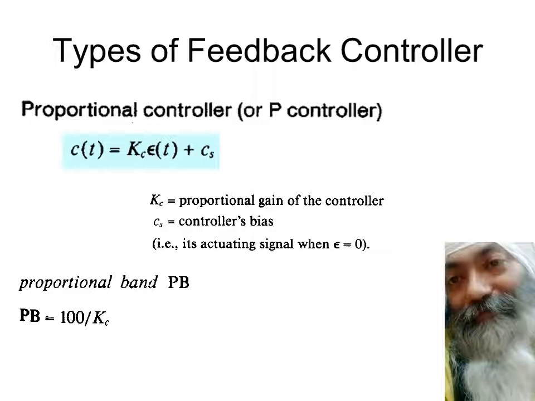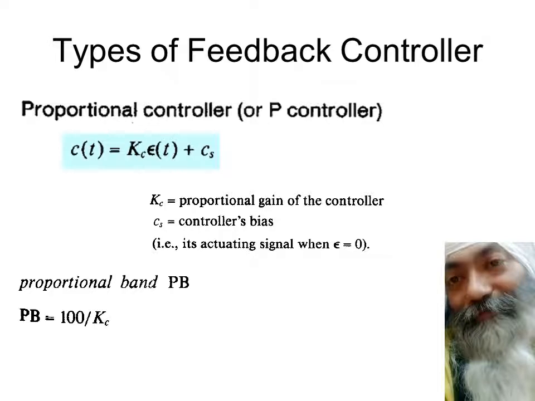So output will be 100, input will be 5. In that case, gain will be 20. That's why it's called proportional band. If gain is 1, in that case, proportional band will be equal to 100%. It means you need to have 100% change in deviation or the error to bring about 100% change in the controller output. That's what the meaning is.